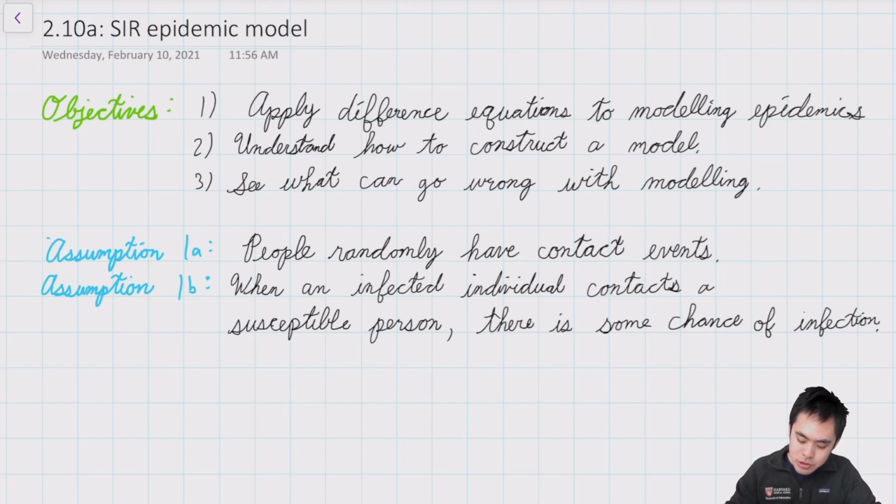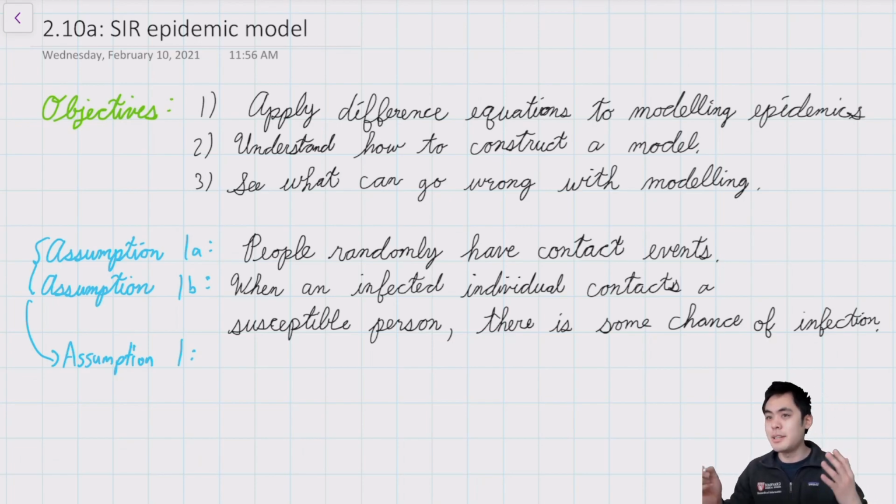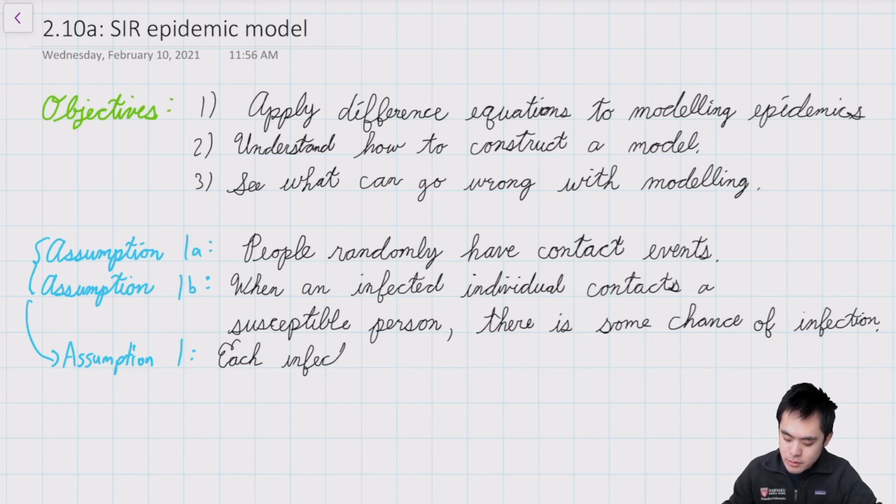I'm going to combine these two assumptions together into just assumption 1. So each infected person infects beta other individuals in a time step.